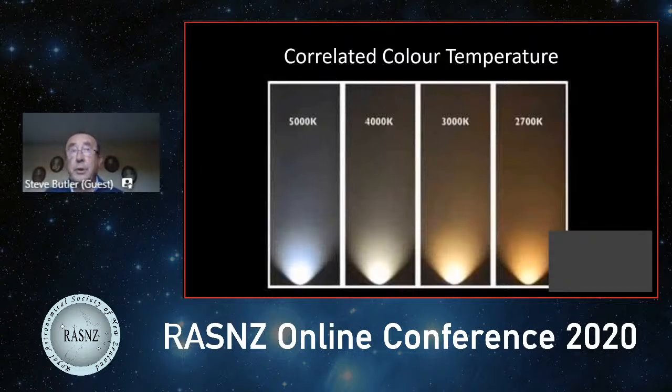Still not down to the yellow-orange colours of the high-pressure sodium lamps, but it's trending that way. The original LEDs that were first produced were probably up about 6,500 Kelvin, so a very cold, harsh, blue-rich light source.